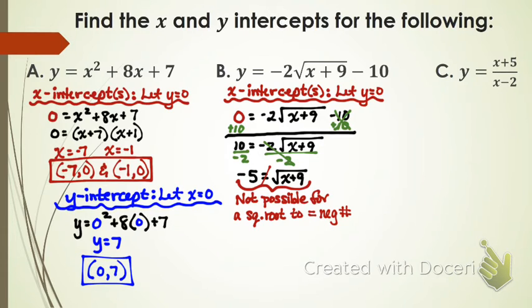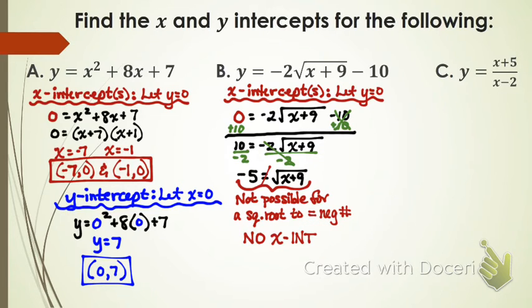So if it's not possible, what's my x-intercept? 0. Undefined? Undefined. There isn't one. This never touches or crosses the x-axis. No x-intercept here.